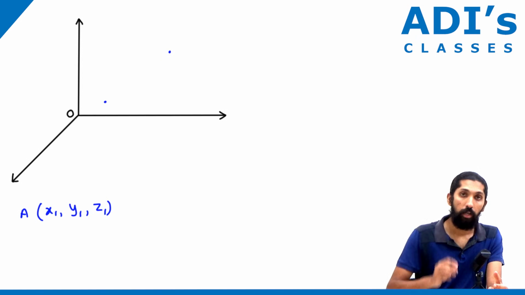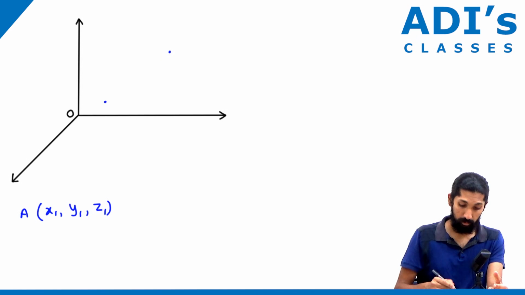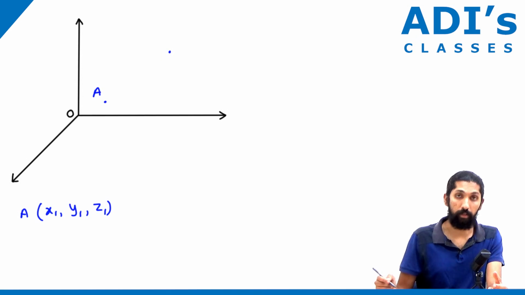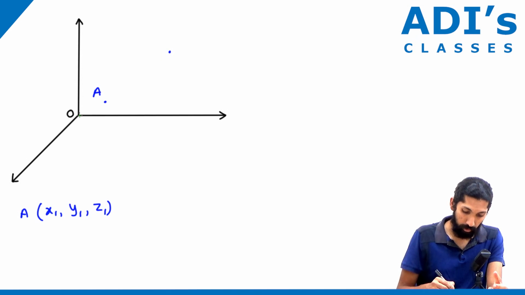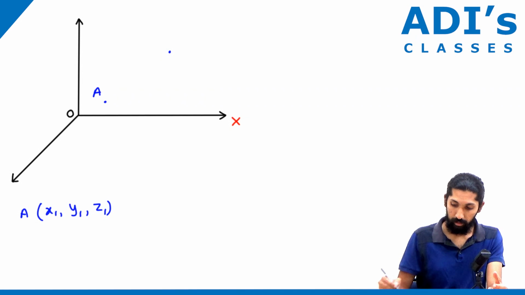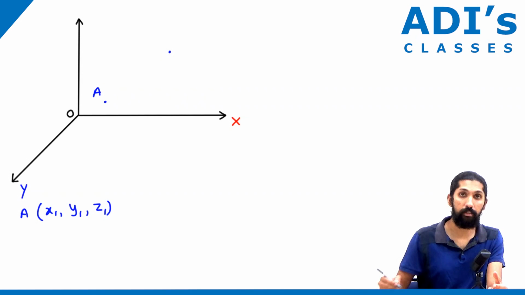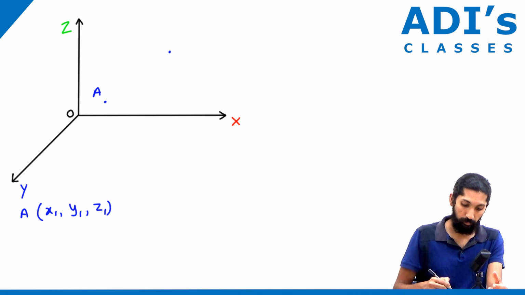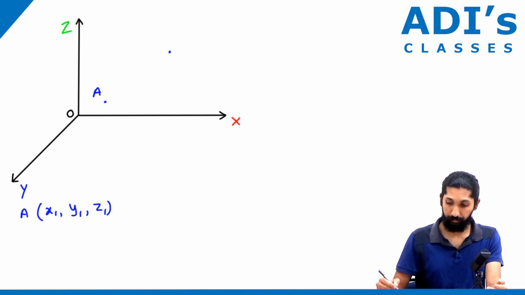Alright? Now, to get to point A, we move along the axes. Let's name them: say this is the x-axis, this is the y-axis, and this is the z-axis. So we have x, y, and z.